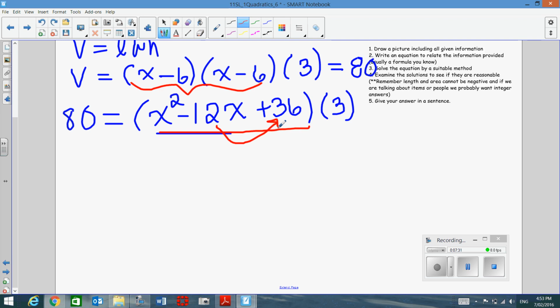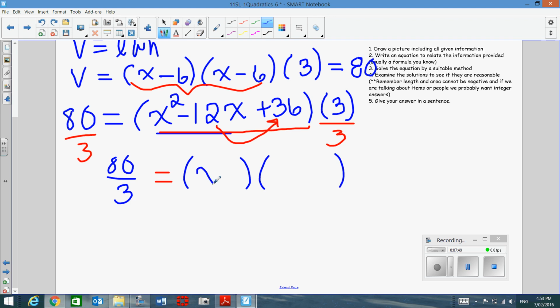At this point, I could just divide by the 3 instead of multiplying through by the 3. If I divide by 3 on this side, I have 80 divided by 3, and this factors into x minus 6 times x minus 6. So I actually have a perfect square, and I can skip one step of completing the square. 80 divided by 3 equals x minus 6 squared.